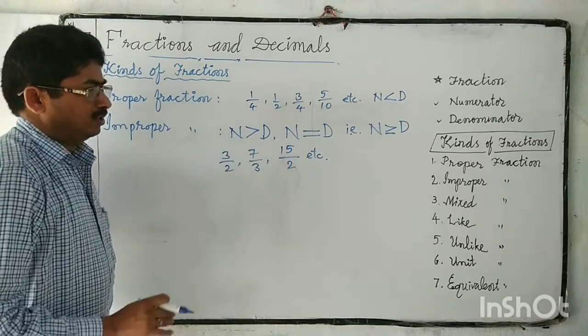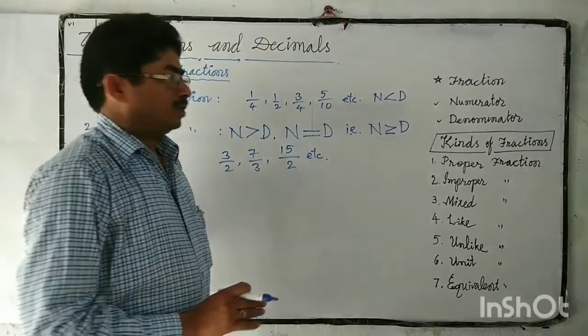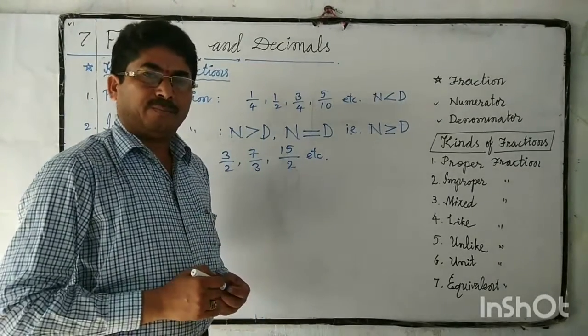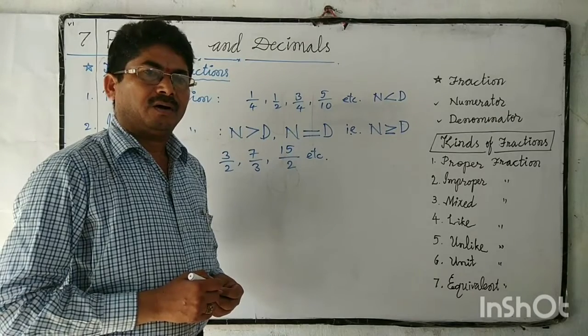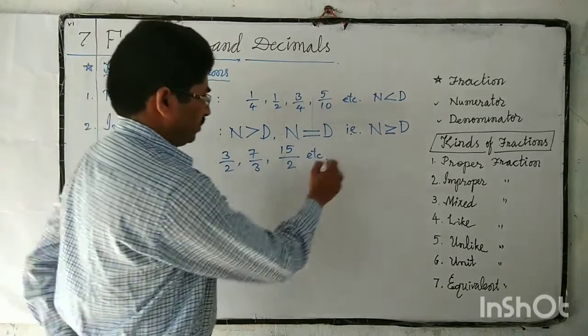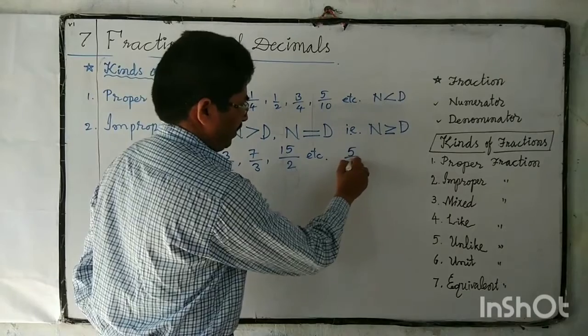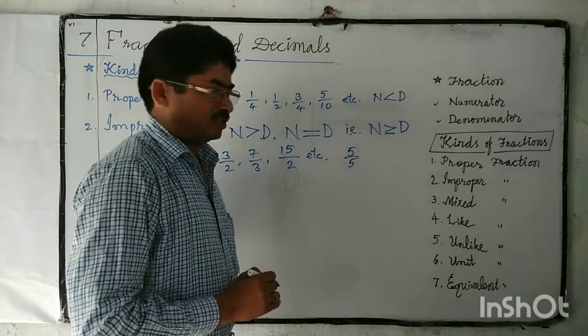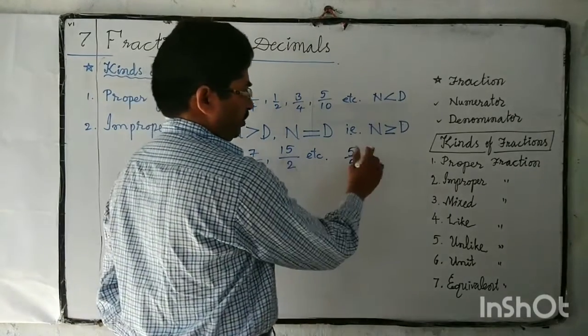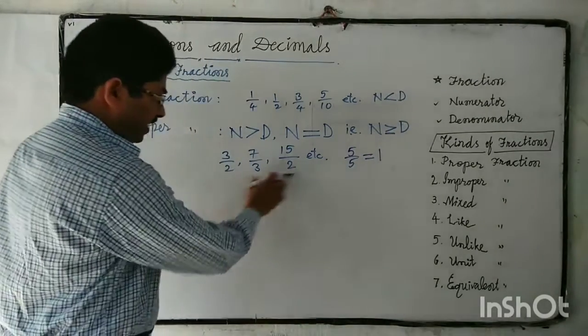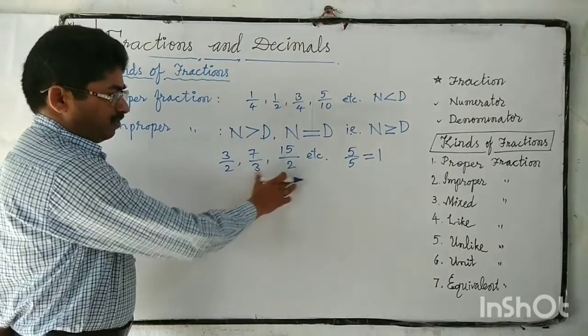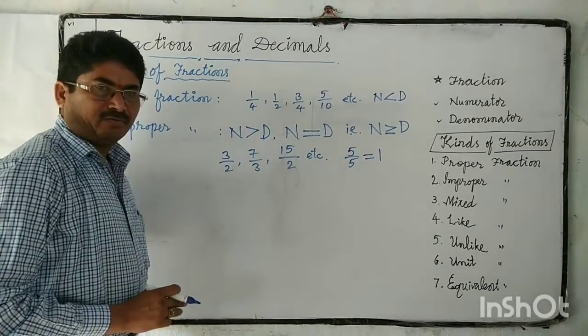So that's why the value of improper fraction is greater than 1 or equal to 1. In this case, 5 by 5. This is also improper fraction. Value of this fraction is 1. Remaining these values is greater than 1.